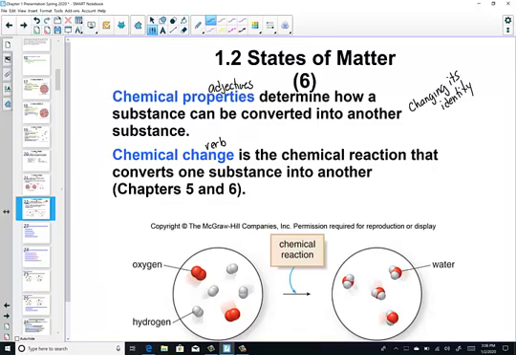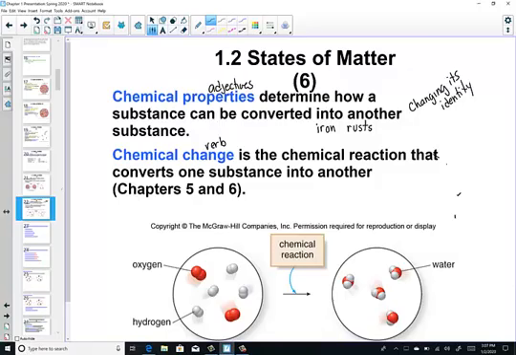A chemical change is the reaction that occurs. A chemical property describes how the reaction occurs. So remember, if I'm describing, for example, iron has the ability to rust. Iron will rust. Any metal will oxidize over time. I'm describing to you that metals have the chemical property of oxidation.